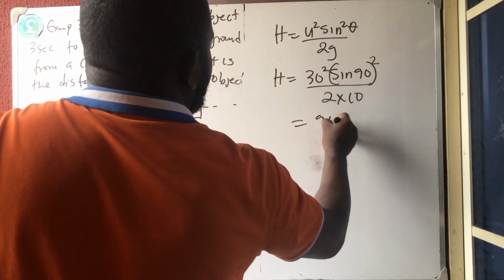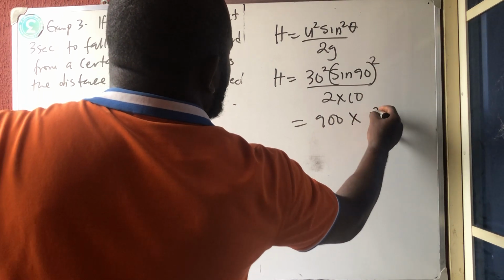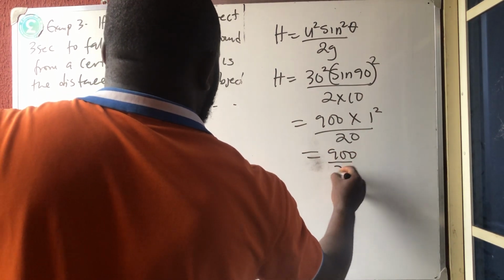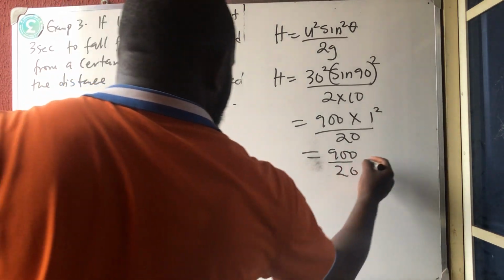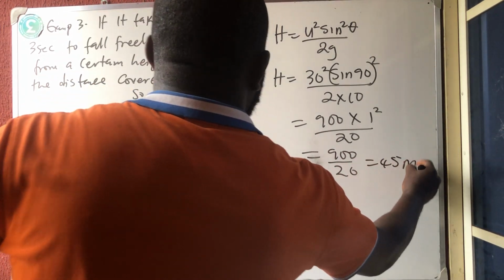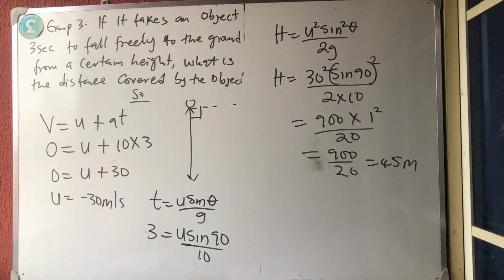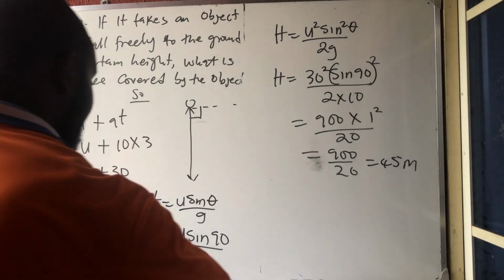So I have 900 times 1 squared all over 20, which is 900 divided by 20, still the same answer, 45 meters. So that is that. Anyone you like is correct.